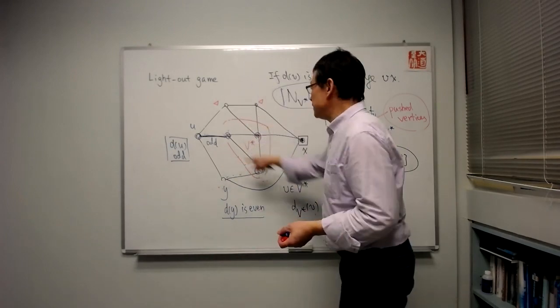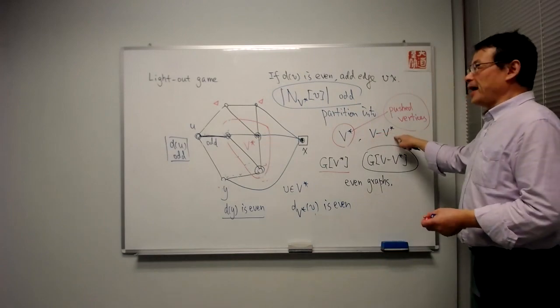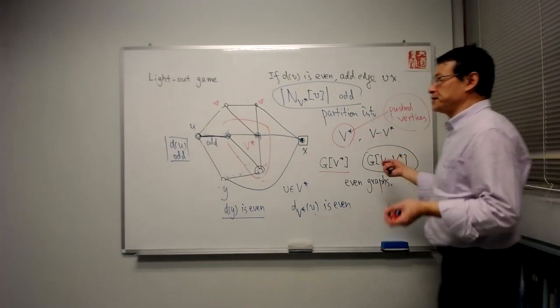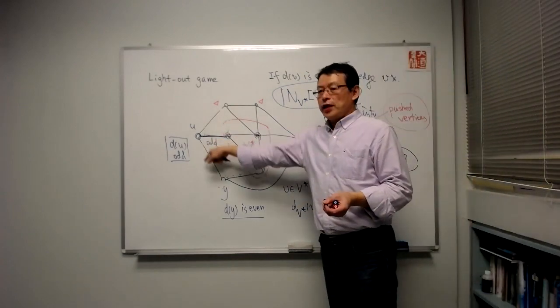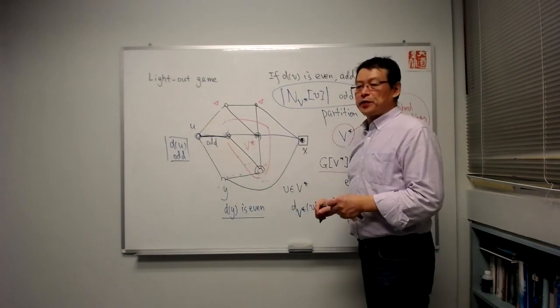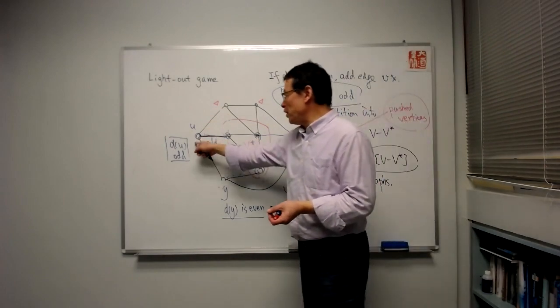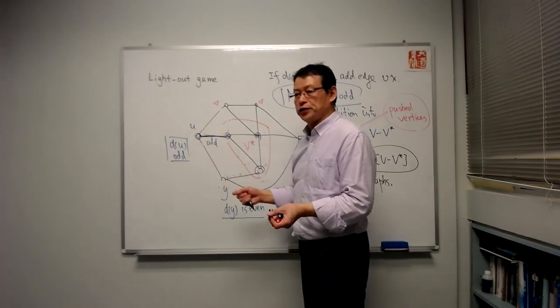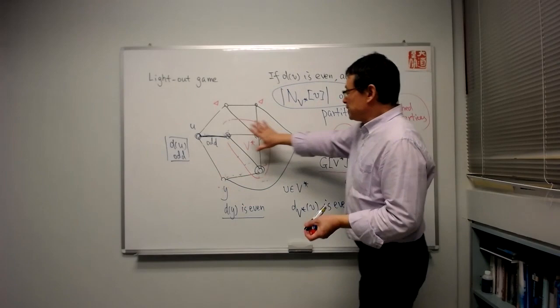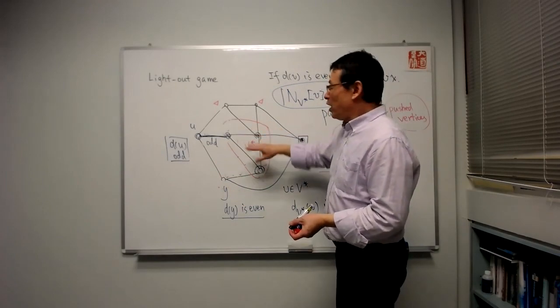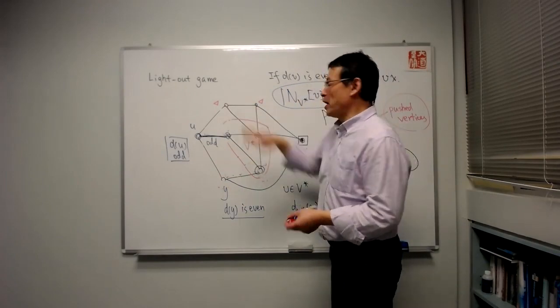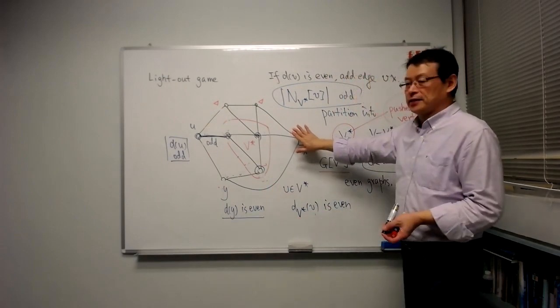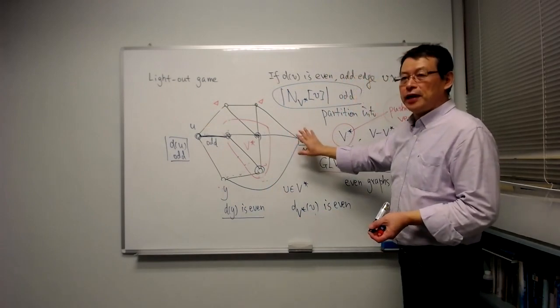So for vertices in V minus B, there are only 2 types of vertices: vertices with initially odd degree and vertices with initially even degree. We showed that with odd, the status will change. When it's even, the status will also change. Therefore, for all vertices here, the lights will be off. All vertices here, the lights will be off as well. Of course, this is not a vertex in the original part, so we don't need to care about this one.